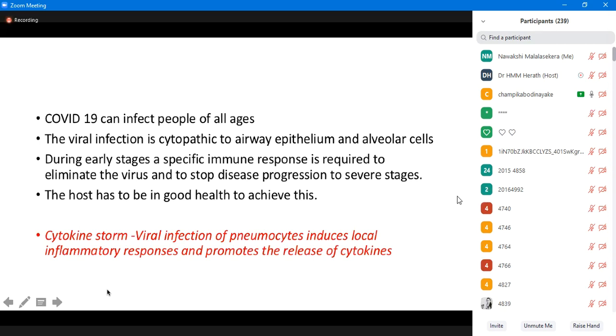Only people who are in good health can achieve this. So people who are not in good health will have problems.